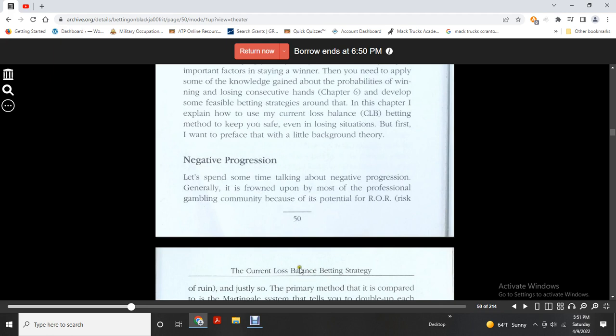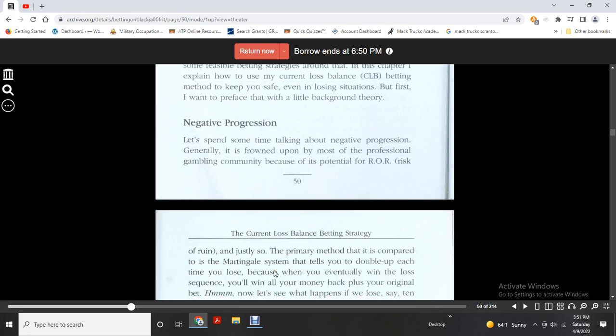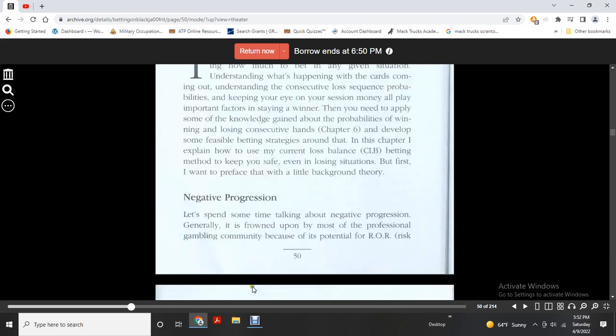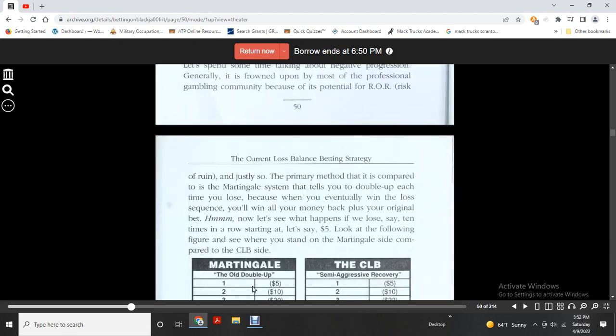The primary method is the martingale system, which tells you to double each time you lose, because you eventually win a sequence and you will always win your money back plus your original bet. But now let's see what happens when you lose 10 times in a row, say with $5. Look at the following figures, where you see the standard martingale compared to the current loss balancing.